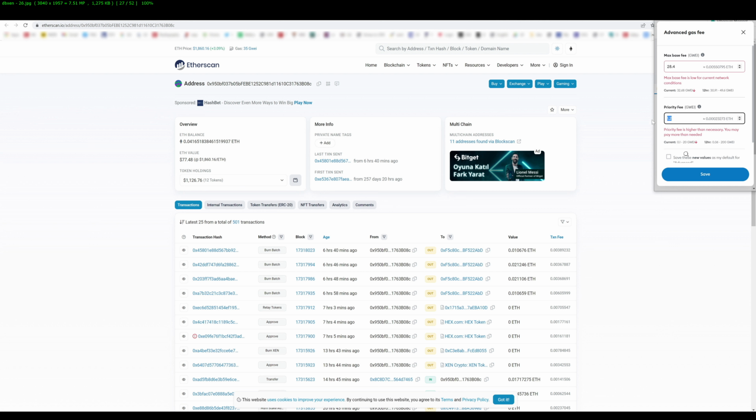This is all software. Software checks what is the most effective way for the gas to be.